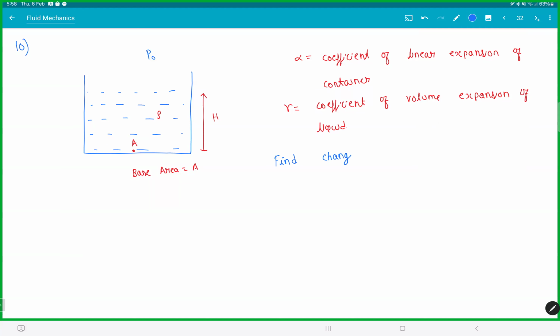So initially there is some pressure. Then you increase the temperature by delta T. Then the pressure would change. What is the change in pressure at point A when temperature changes by delta T? Thermal expansion and fluid mechanics, everyone.